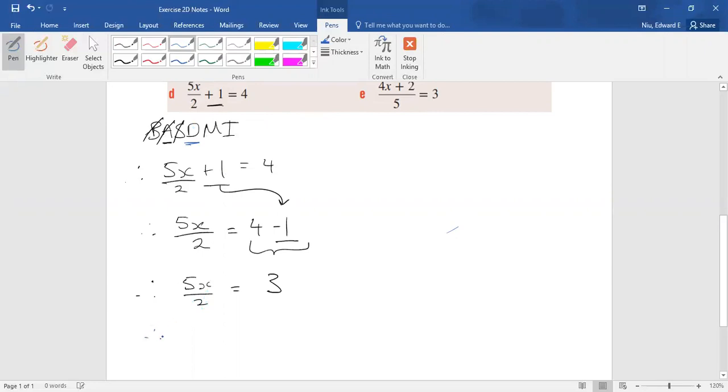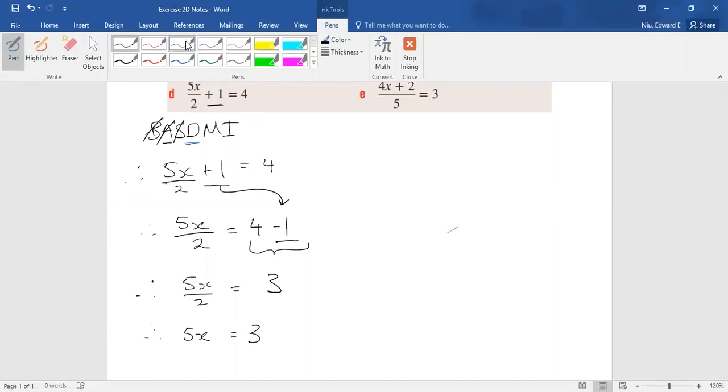Well, we think to ourselves, the opposite of divide is times. So to get rid of this 2 on the left side, we have to times the right side by 2. So what we have is 5x equals 3.